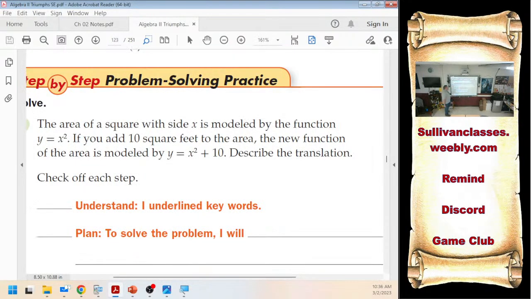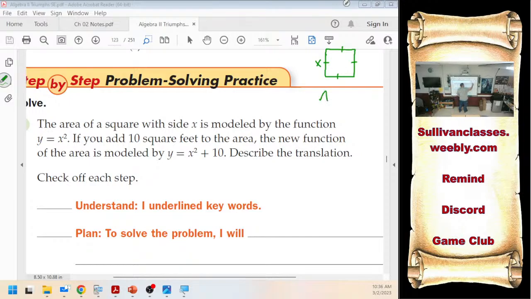All right, area of a square with side x is modeled by the function y equals x squared. This is bringing us back to middle school, probably the last time you saw this. Do you remember something like this, and then seeing those little tick marks to say that all the sides are the same? I find the area of any rectangle by doing length times width.